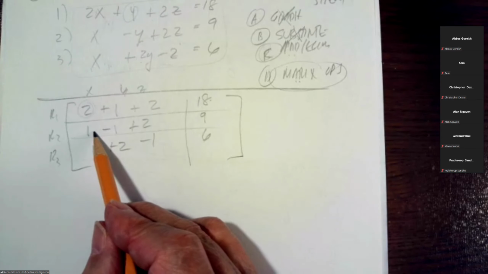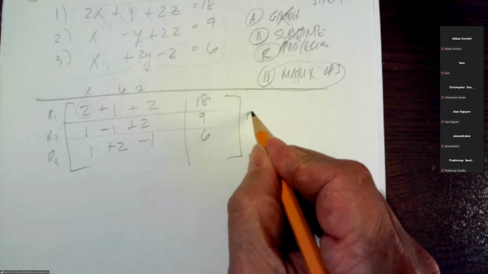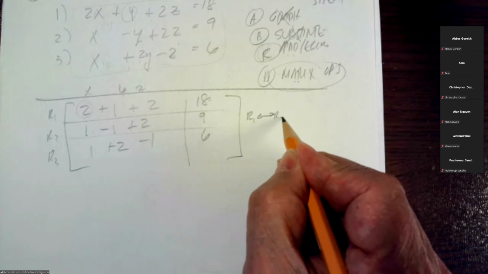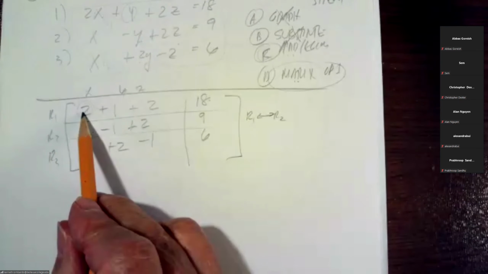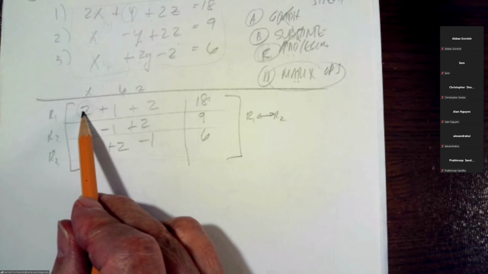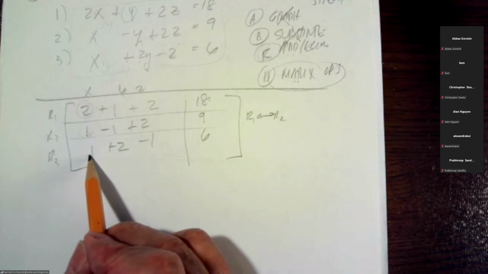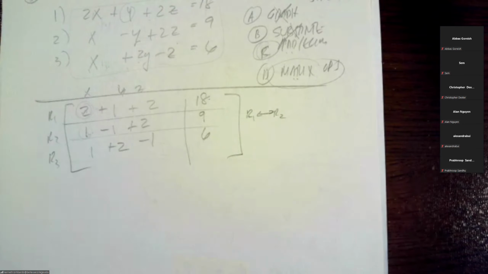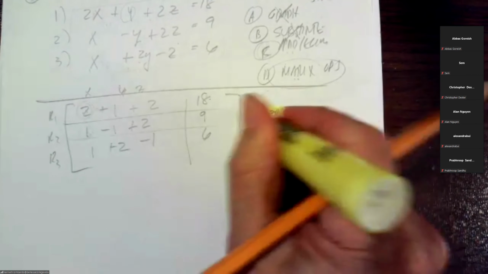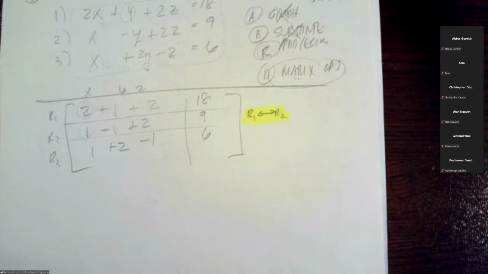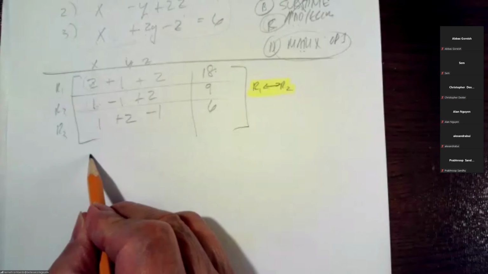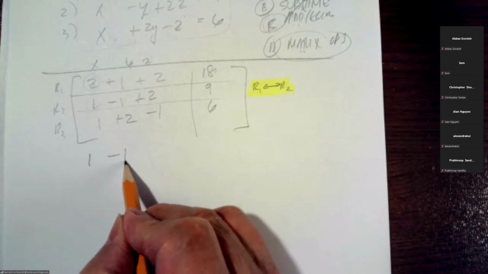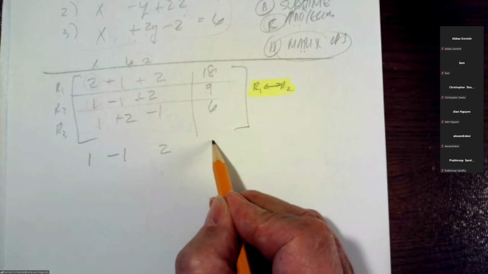But one easy way might be to simply say, hey, I'm going to take row 1 and swap it with row 2. I'm going to get this 1 up here. I'm not going to multiply this by a half, for instance, to get that to be a 1. You could. That is an approach. Or you could just move one of these up there. So if I say swap row 1 and row 2, and I'll highlight the movements I'm going to make here. If I do that, I end up with 1, negative 1, 2, and 9.